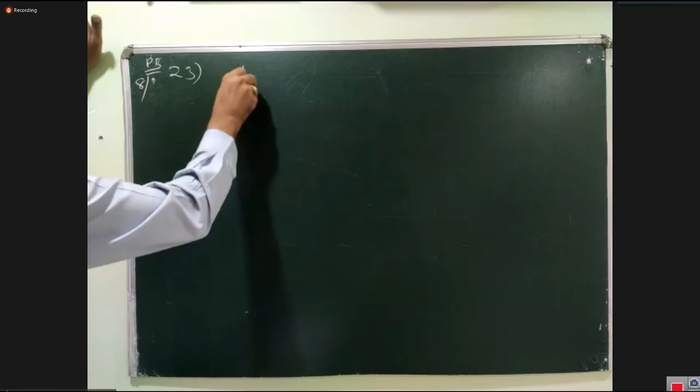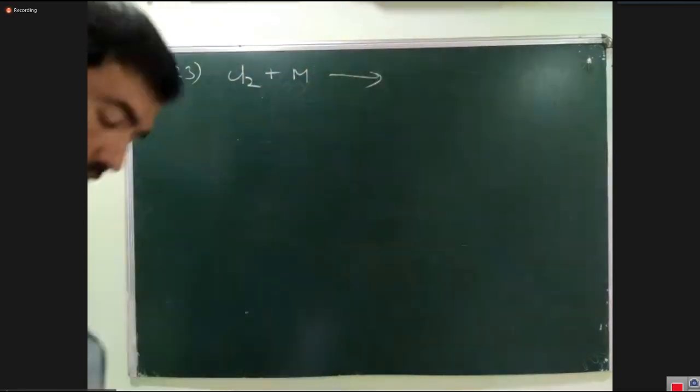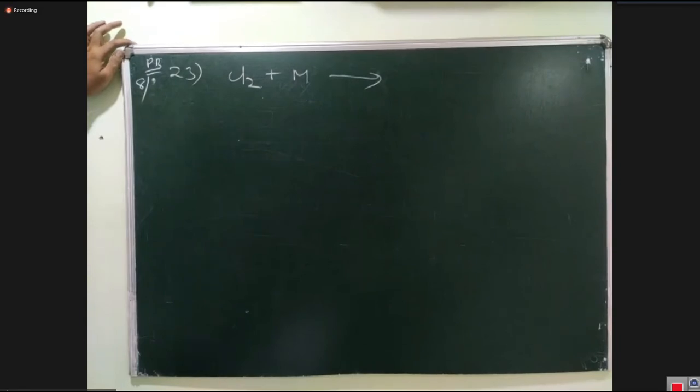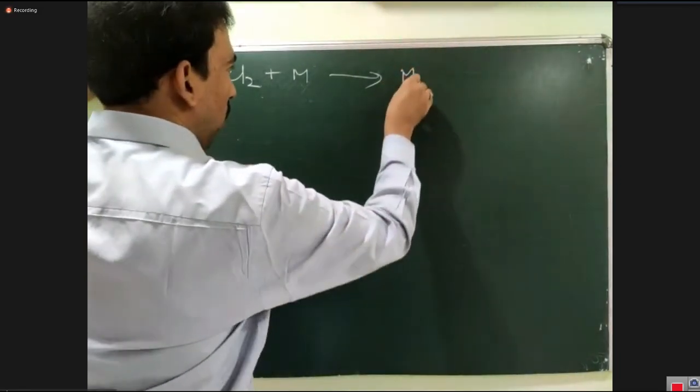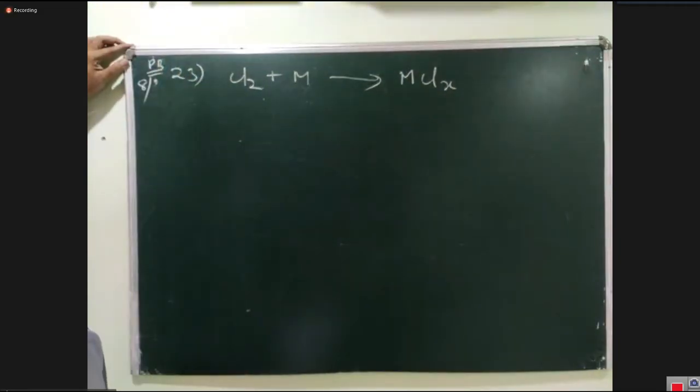Okay, 1 mole of chlorine combines with a certain weight of metal. Chlorine Cl2 combines with metal M, giving its chloride. Its chloride is MClX. Why am I writing its chloride as MClX?